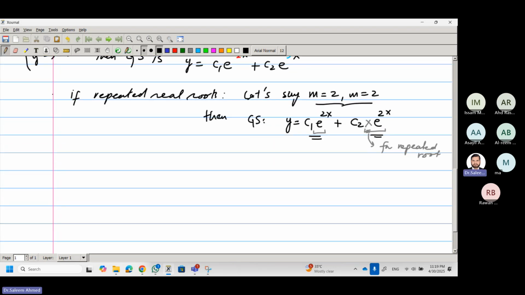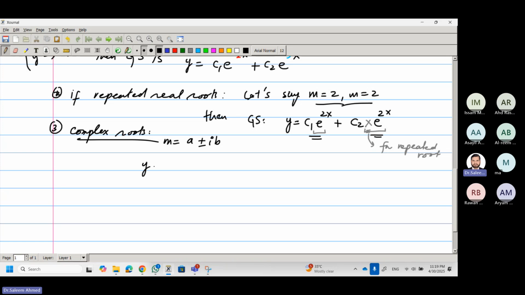And the third case is if you have complex roots. If you solve the equation and you got complex roots, they are of this form: m equals a plus minus iota b.